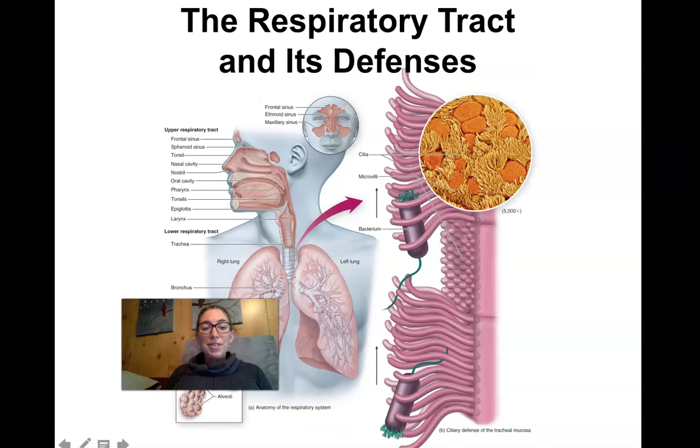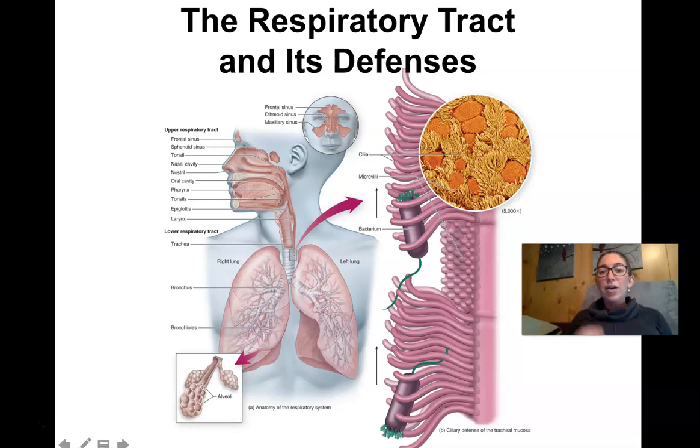So before we can talk about the disease of the respiratory tract, a quick overview of the structure, anatomy of the respiratory tract, and its defenses. So the respiratory tract includes the nasal passages and even the oral passageway, the nasopharynx back here in the throat, the pharynx, and then air that you breathe in goes down the trachea, which is the windpipe, and then the trachea here branches into two branches called the bronchi.